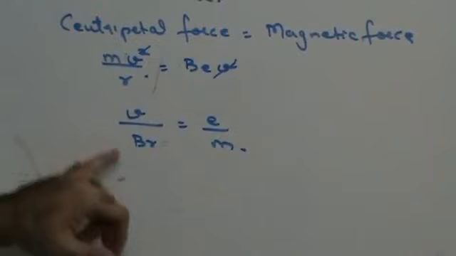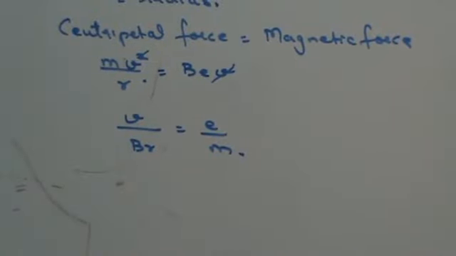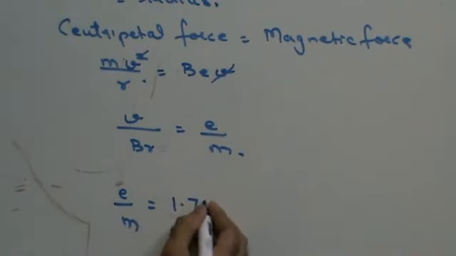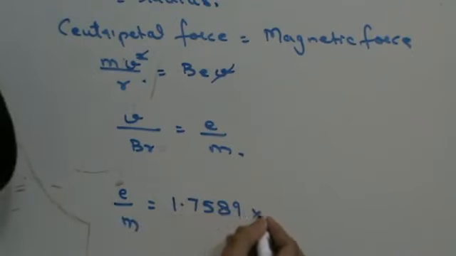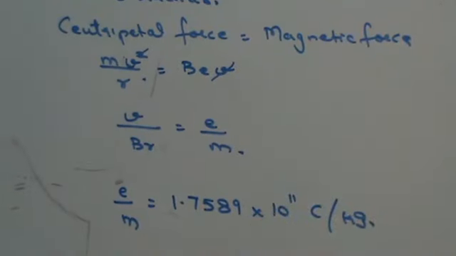V is the velocity, B is the magnetic induction, r is the radius of the path. Since all these values are known to us, we can easily find the ratio e upon m. By putting in these values it comes out to 1.7589 into 10 raised to 11 coulombs per kg.